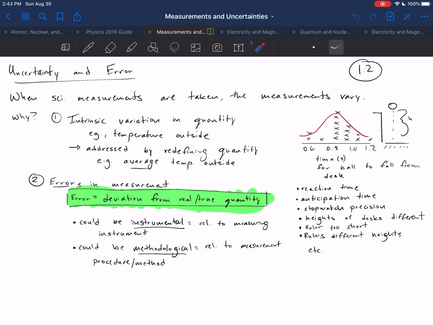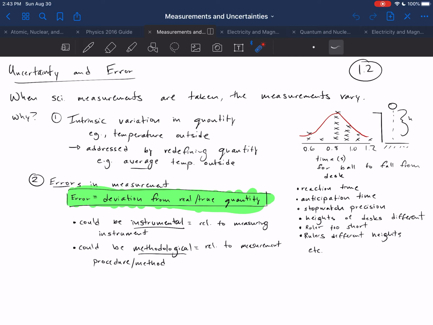That's methodological error. Now, consider a whole bunch of reasons that the time it took the ball to fall from the height of the desk to the floor might be different. Well, one we've already dealt with, which is perhaps the thing actually being measured is different. Perhaps the ball is different. Perhaps the height of the desk is different. But let's say those are all close enough to be identical.